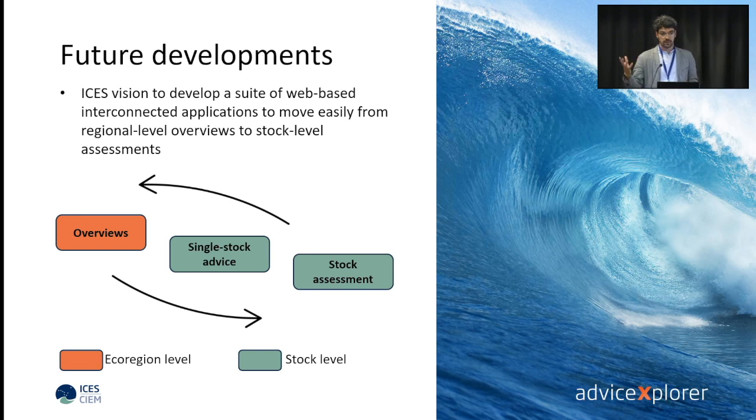And then we hope that, for example, if a user is interested in a specific stock, from the fishery overviews, we'll go to the adviceXplorer. If the user wants to dig even deeper, we are working on an app called TAF-Explorer, and this will show the code that was used for the assessment, the results, all the figures that don't end up in the advice sheet, and it's based on the TAF approach.